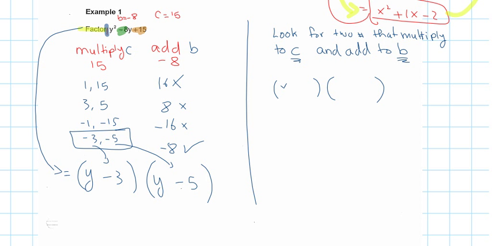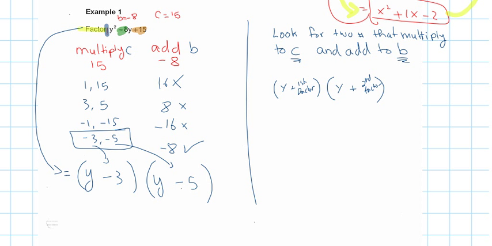And then you're going to put plus the first factor. And then in the second location, you're going to put your second factor. Yes? No. It doesn't matter if you put y minus 5, bracket y minus 3. It's the same thing.